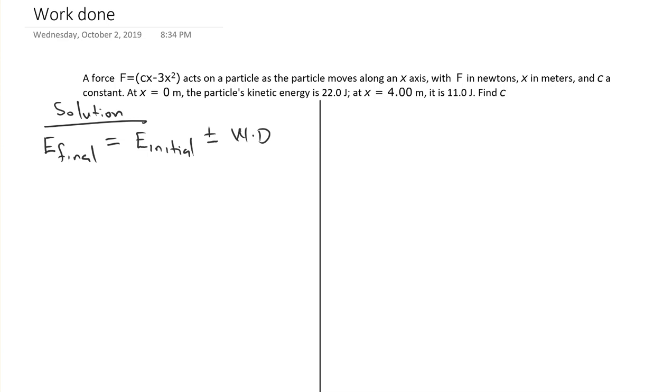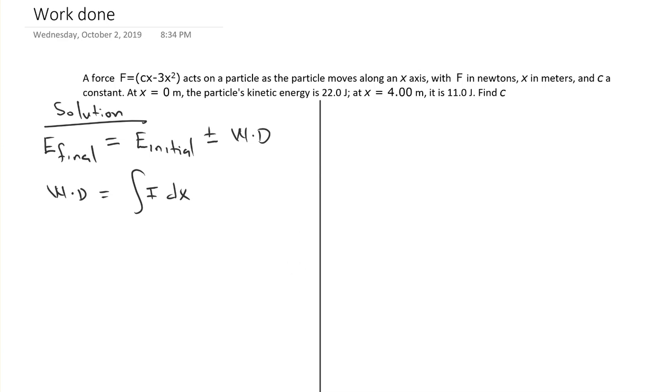One other equation we need here is an equation for work done. Since we have a variable force in this case, the work done is given by the integral of force F with respect to x.